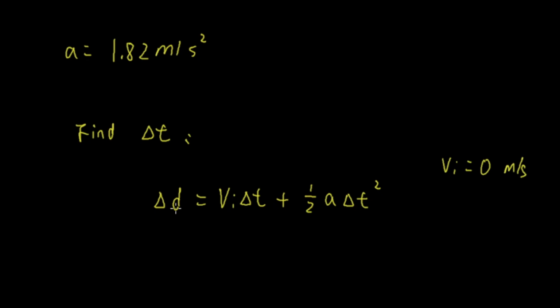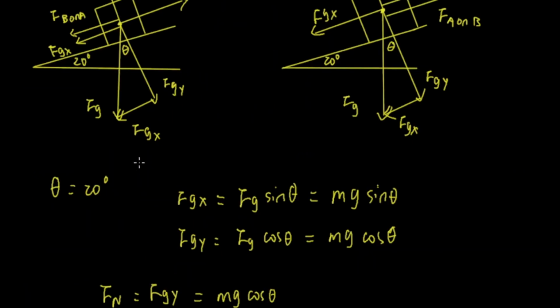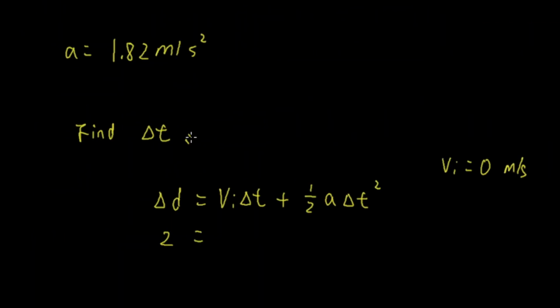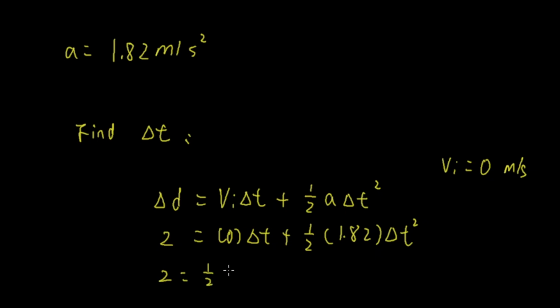Okay, so let's put that in. It's 2 meters, which is the distance given here. Initial velocity 0 times time plus 1/2 acceleration, which we calculated as 1.82, times time squared. Of course, that's 0. That would be 2 equals half times 1.82 times delta t squared.